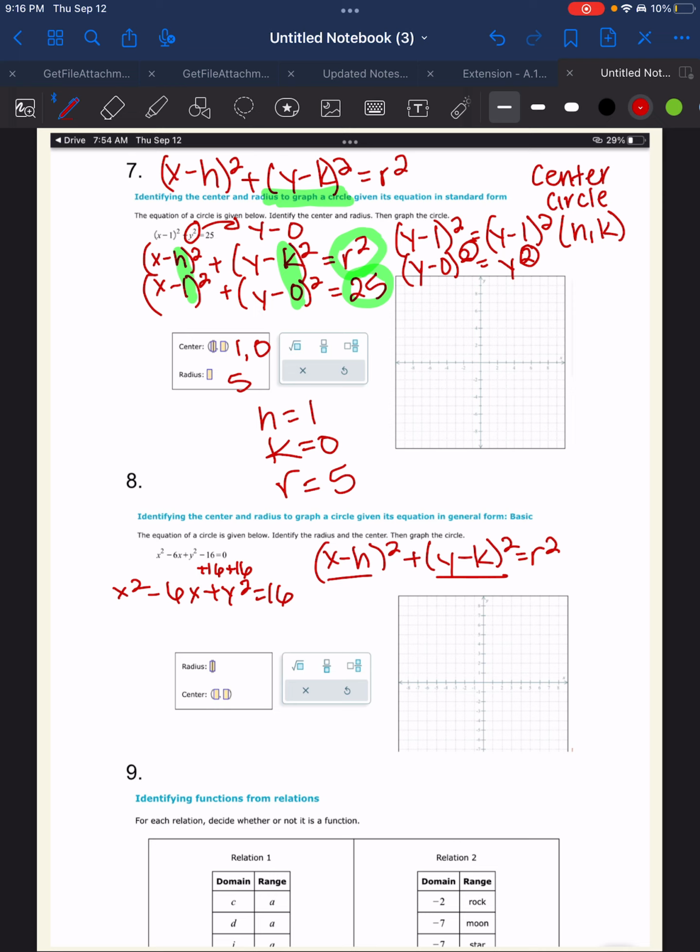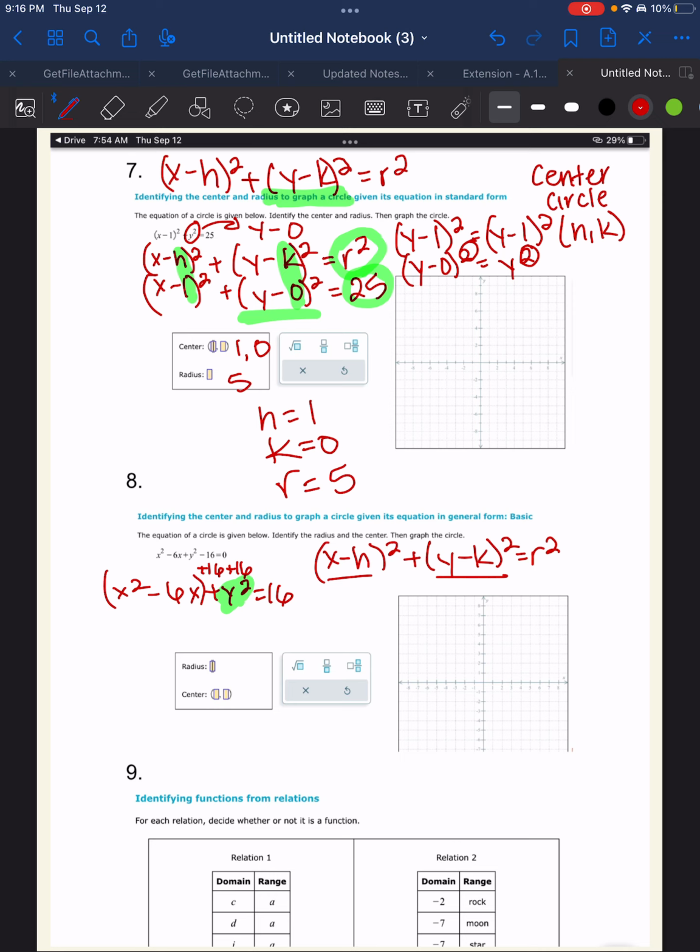Okay. So let's hold off on that y squared, because that reminds me of what we just did on number 7, and that might be something easy that we can jump to. But let's focus in on this x squared minus 6x.